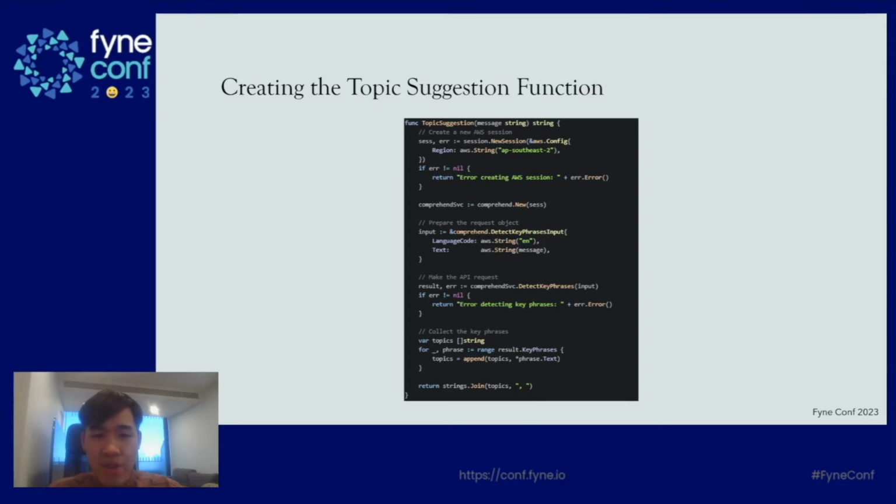With this, we're using detect key phrases input from Comprehend, and making another API request to detect the key phrases as appropriate. Then we return it back to us so that when we request topic suggestions based on what our conversations have been so far, it'll be returned to us.